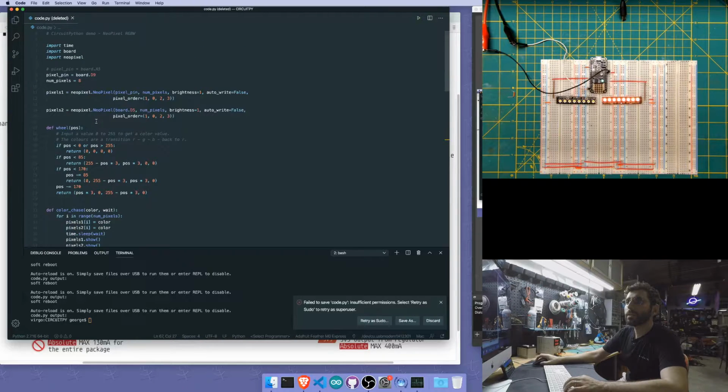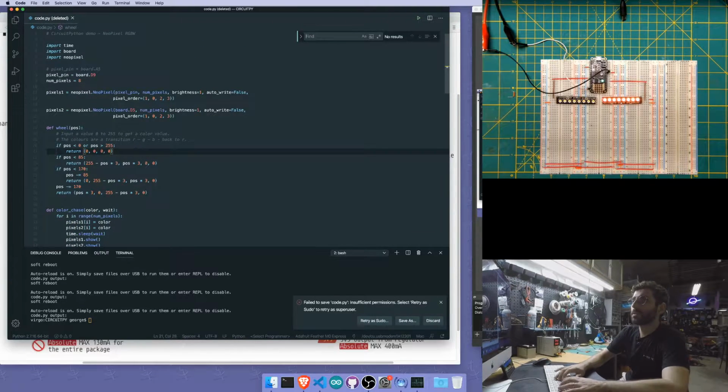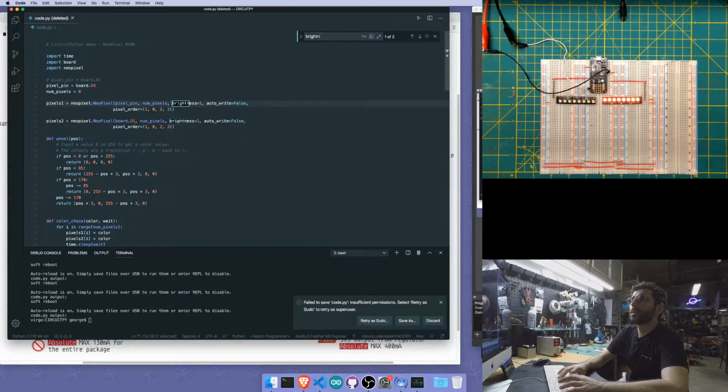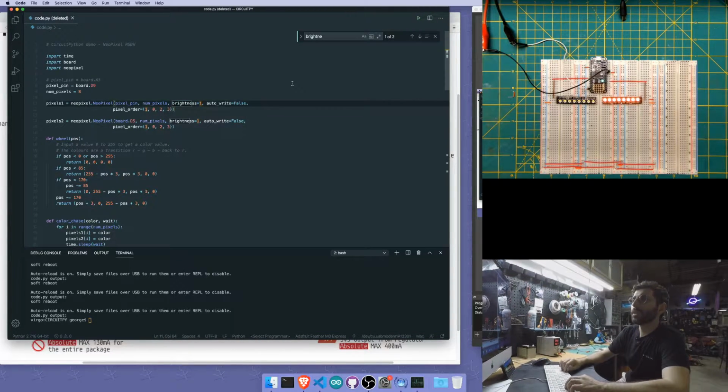Is my brightness down maybe? Let's try it at half brightness. Let's see what that does for us.